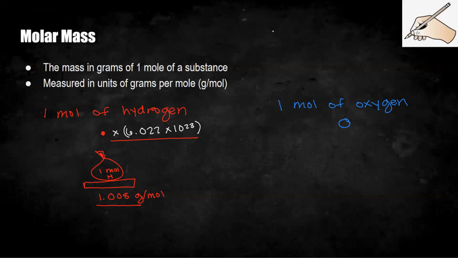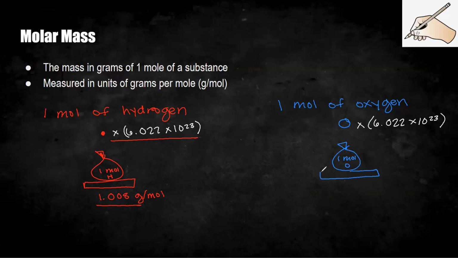If we did the same for oxygen, so say we had this atom of oxygen, we would still be multiplying it by 6.022 times 10 to the 23rd. And say we put that all in a bag and placed it on a scale, just like we did for hydrogen. So this is 1 mole of oxygen.